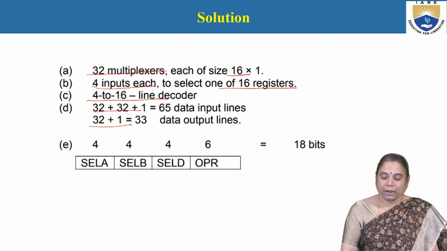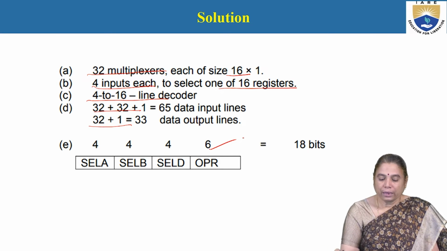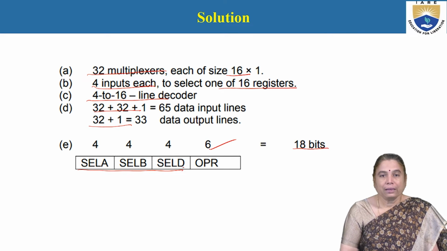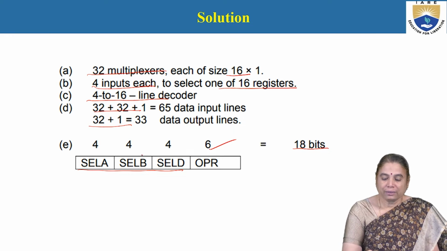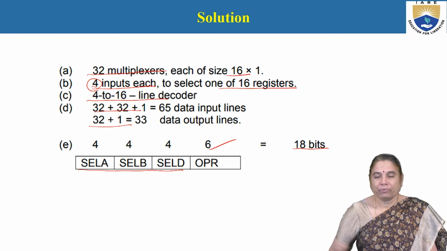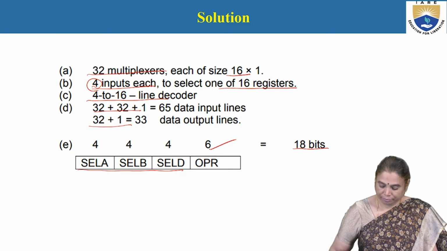For the operation, 6 bits are required. 3 selection lines are required: select A, select B and select D. For each selection line there are 4 inputs, so 4 bits each. So a total of 18 bits are required for this bus organization.